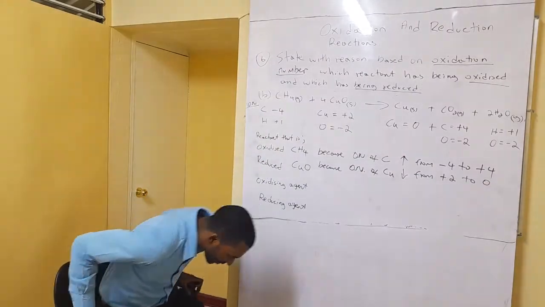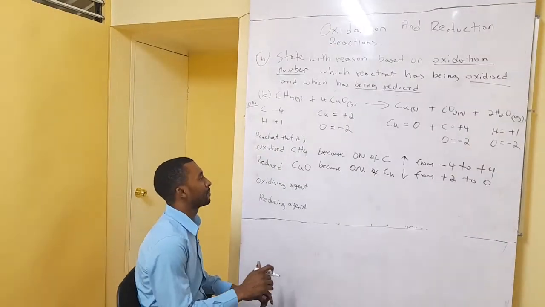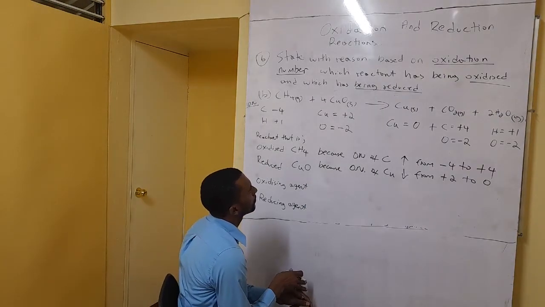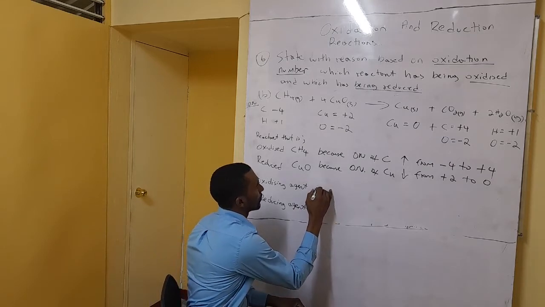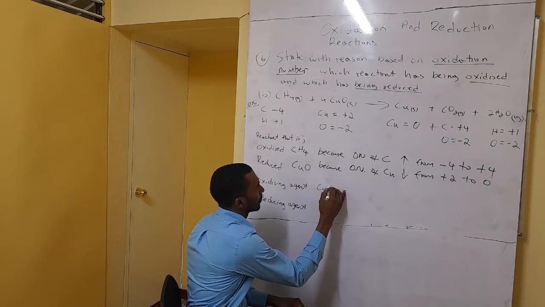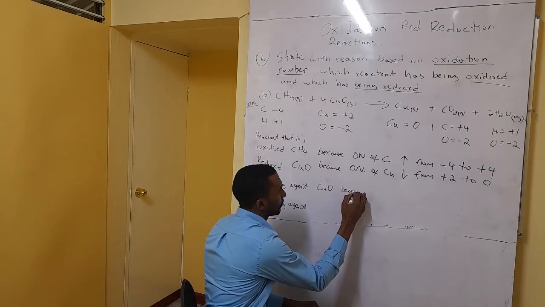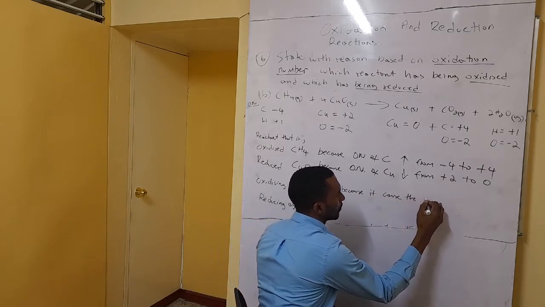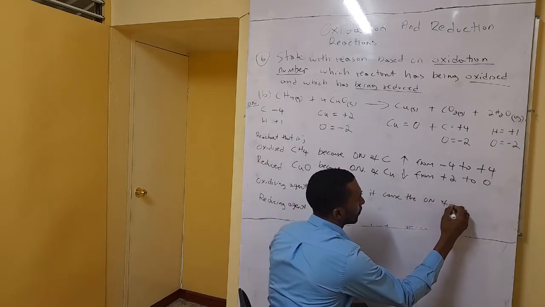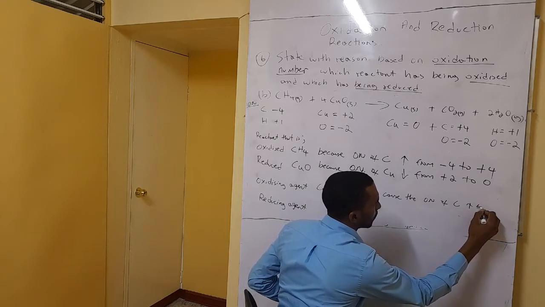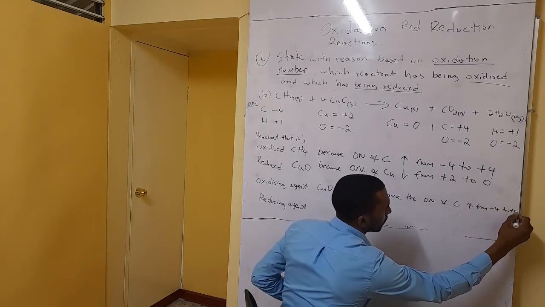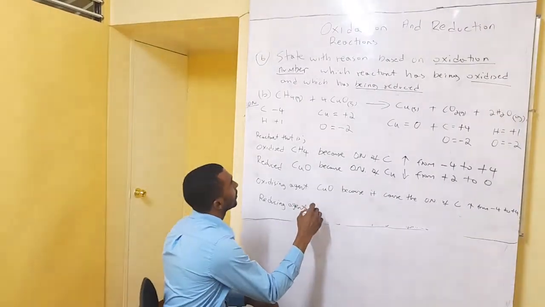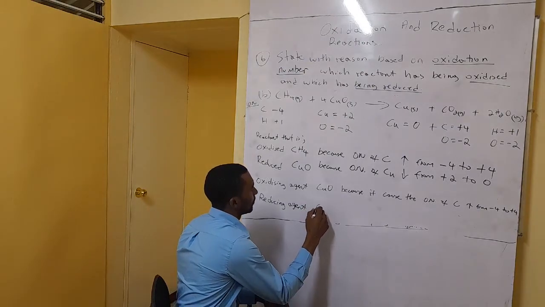Which is the oxidizing agent and which is the reducing agent? The oxidizing agent is the copper oxide. The reducing agent is the methane.